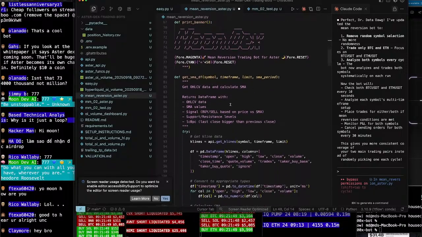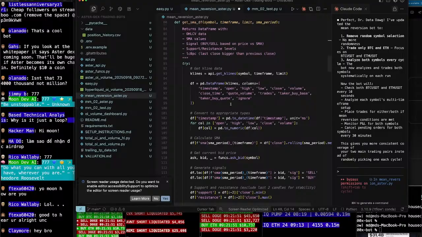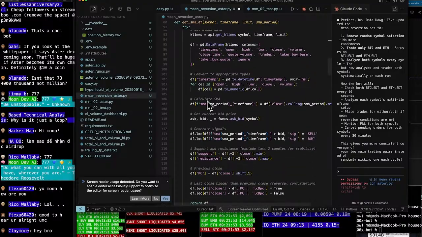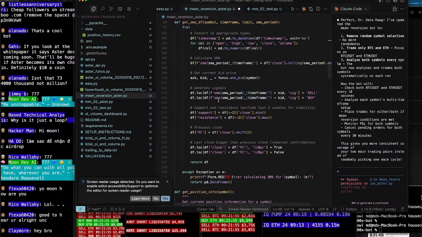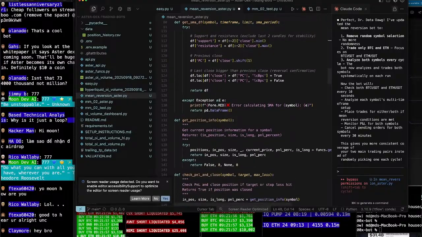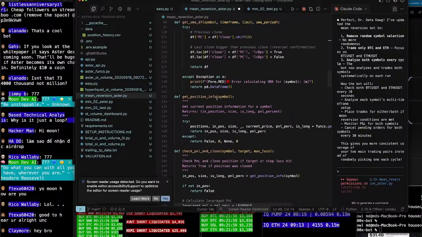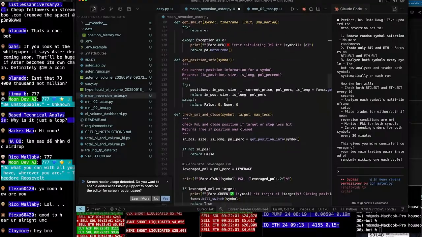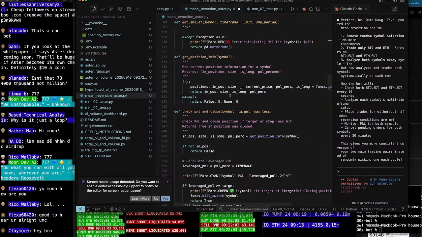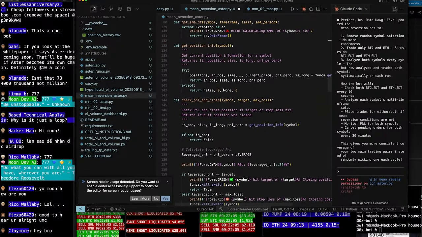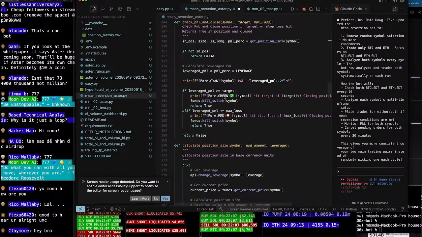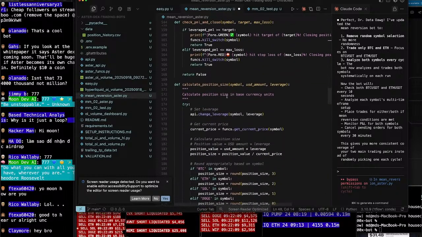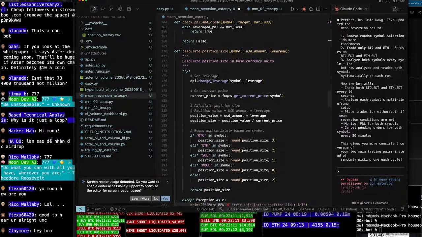Okay, so this gets the open, high, low data. Okay, calculates the SMA, gets the ask and the bid. Def get position. Get position info here. Def check P&L close. Okay, calculate position here. Position size.